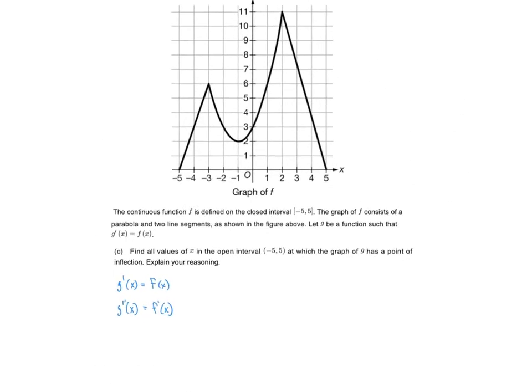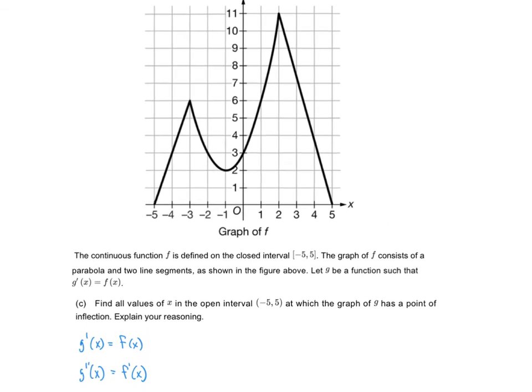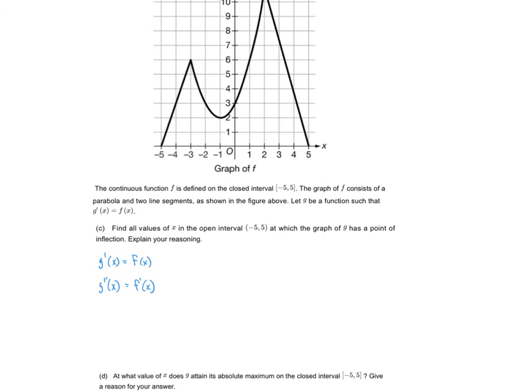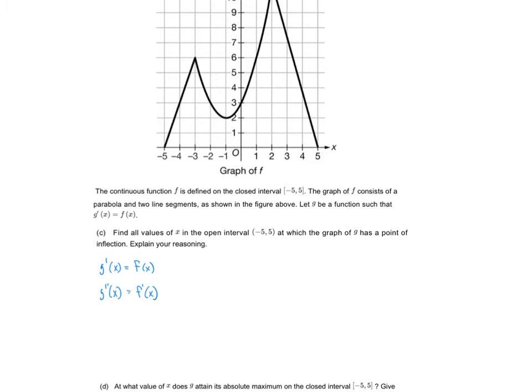So we go to the graph. The derivative of f is undefined at -3 and 2, and then it's 0 at -1. This slope is 0, so f prime is 0. So there's 3 different x values.